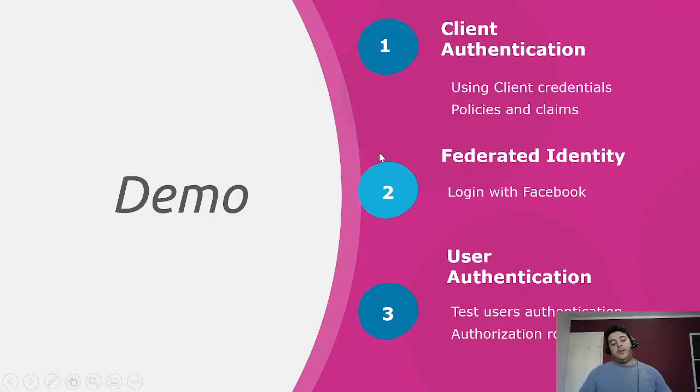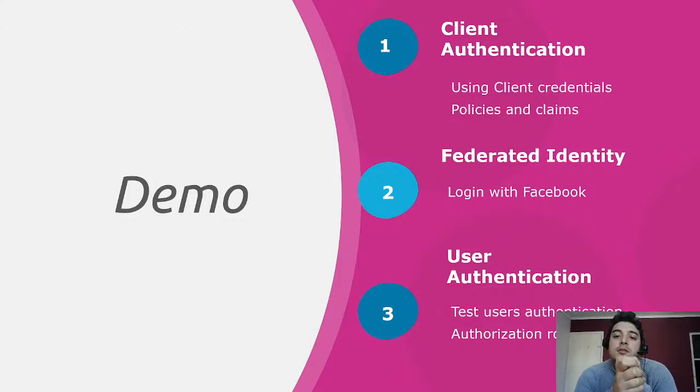Okay, and now we are talking about the demo. We will start the demo with the next 3 points. First, we will execute a client authentication using client credentials, policies and claims.